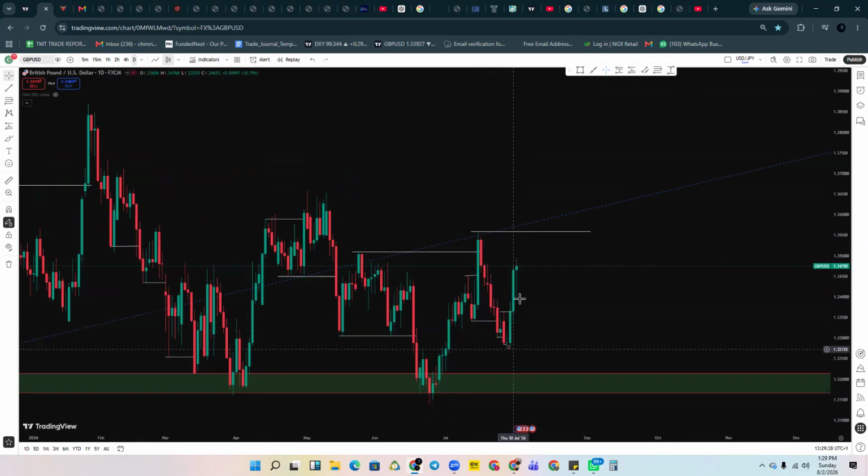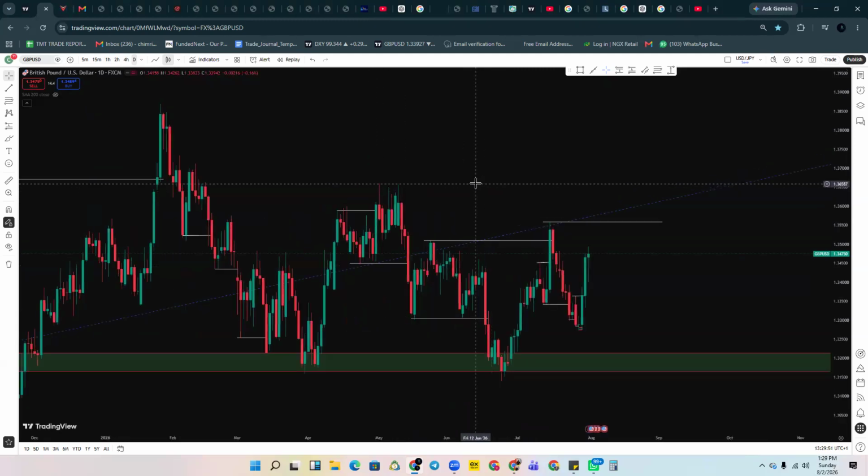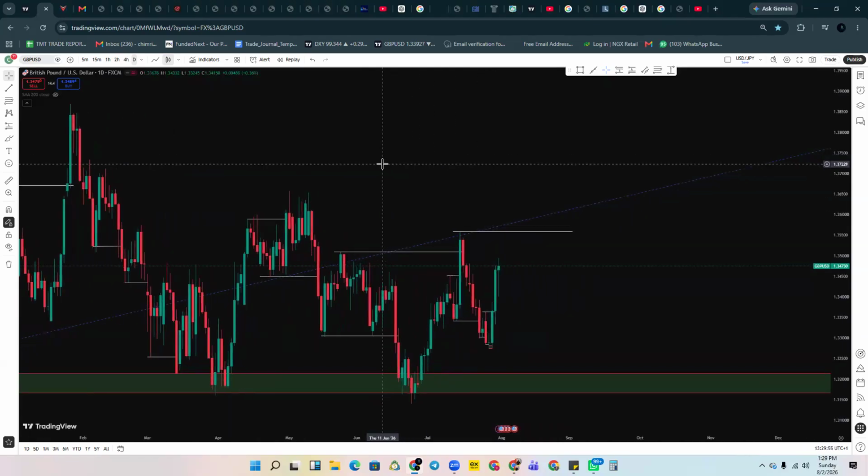So there's a possibility of this being a sign for the bullish trend to continue, right? The continuation of the bullish trend. And at the same time, the second case scenario is either this is a break of this structure, then we have a pullback for price to continue a bearish move.